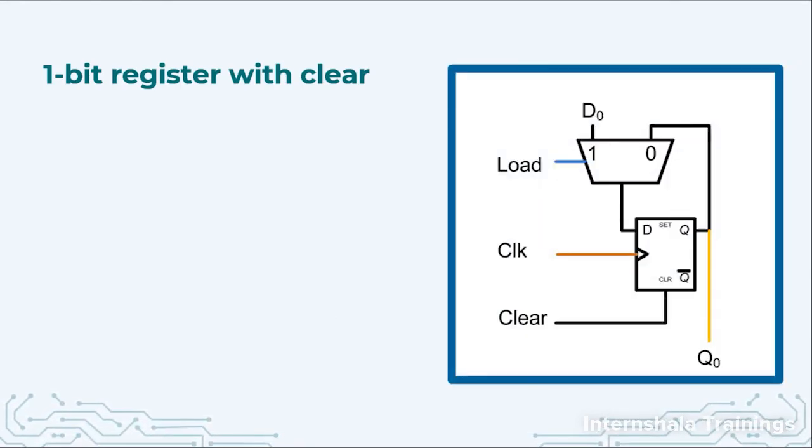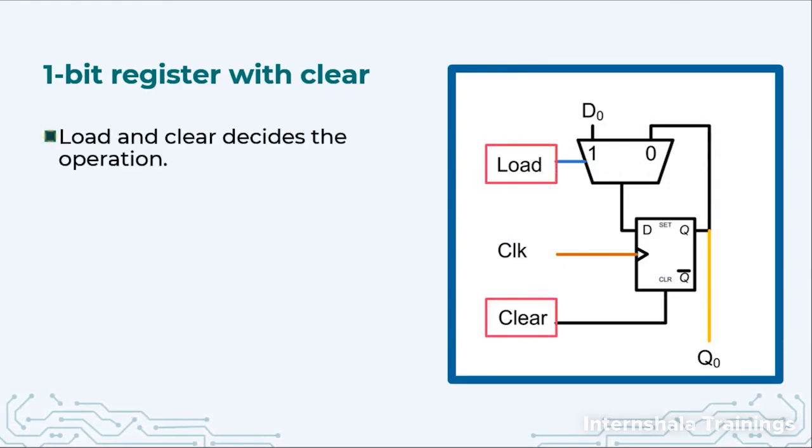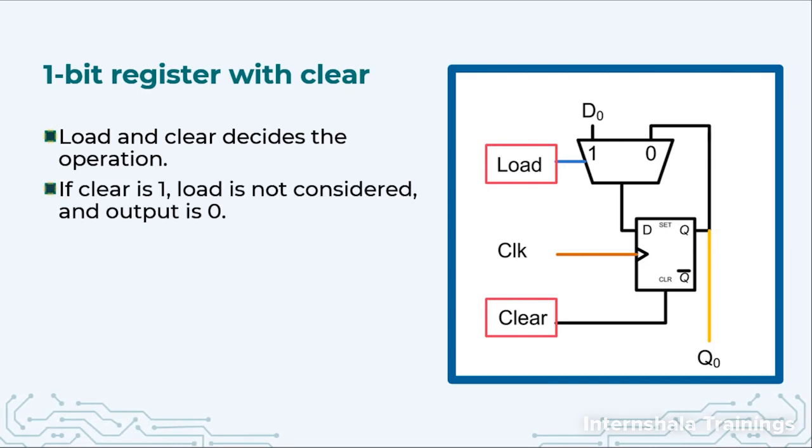Let us talk about the 1-bit design. Here we have the circuit diagram. So what are we saying? We have now two signals, one is load and one is clear. They are going to decide the operation. If clear is 1, then the value of load is not considered at all and output will be 0.